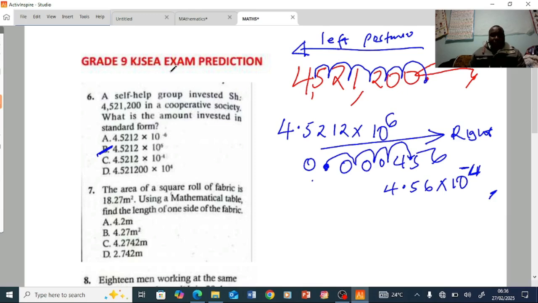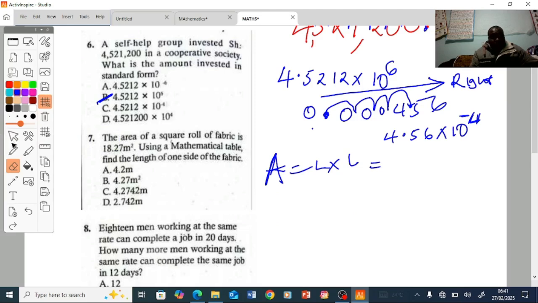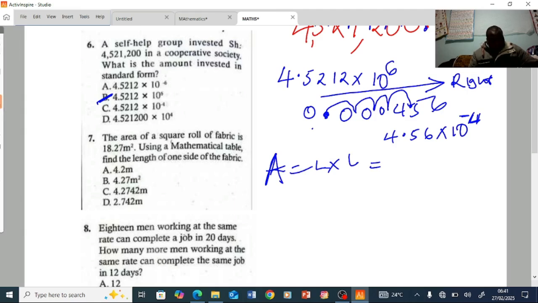The area of a square roll of fabric is 18.27 meters square.